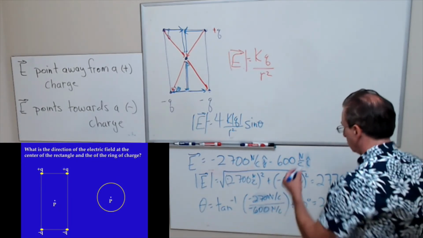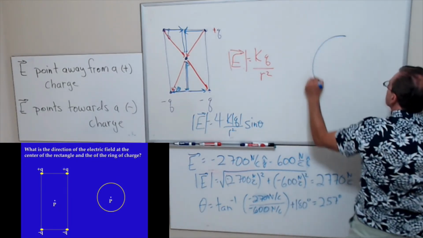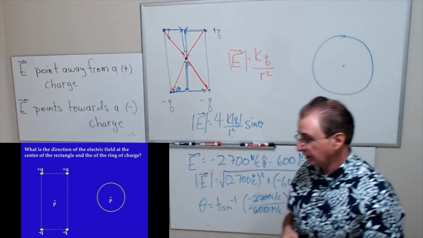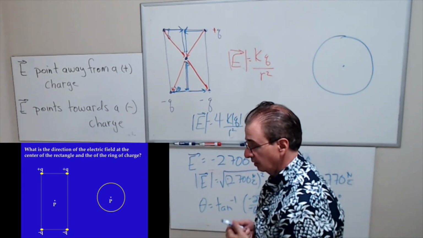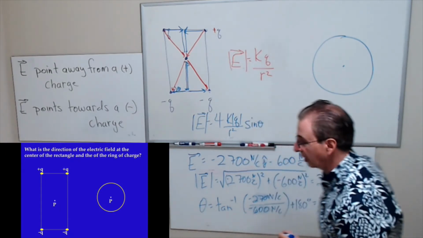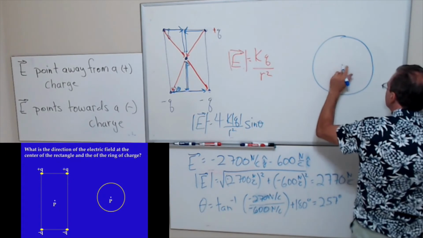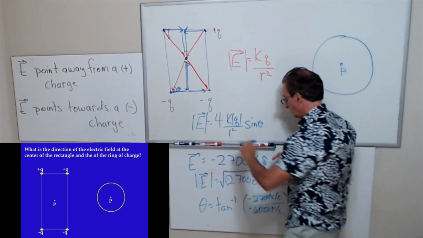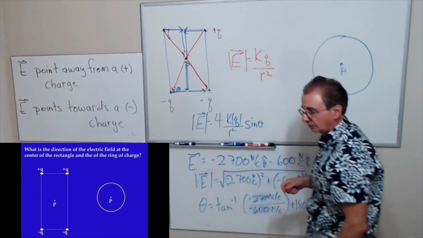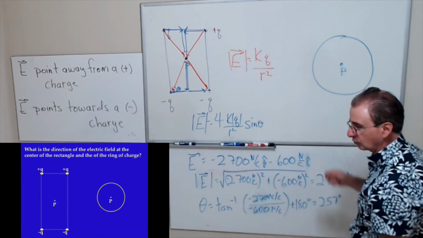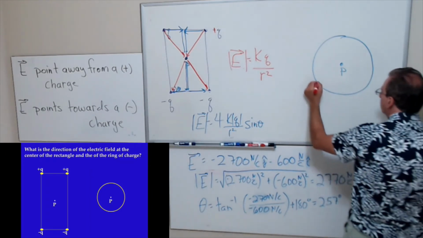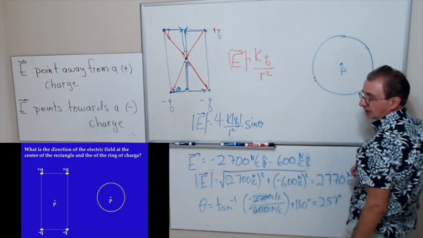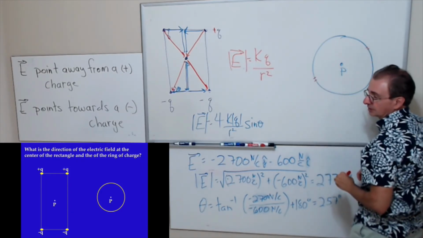Now let's look at the other one. You have a ring of charge, and the charge is uniformly distributed around the ring. I want to find the field at point P. This one's going to be extremely easy. What does it mean that the charge is distributed uniformly around the ring? Well, if I break this up into equal pieces here and here, I have the same amount of charge within these two little pieces.